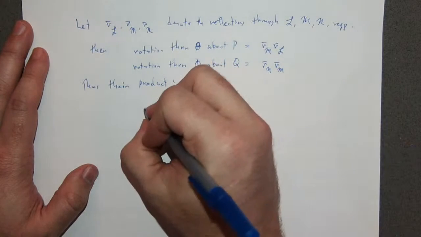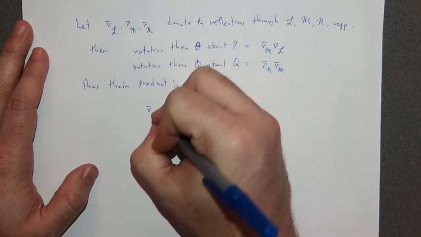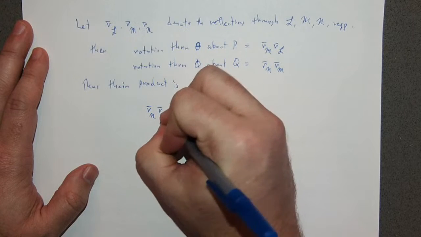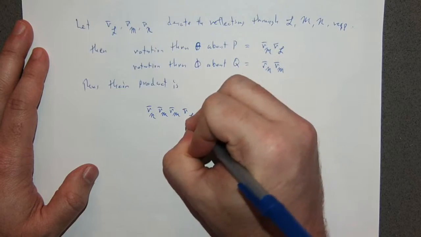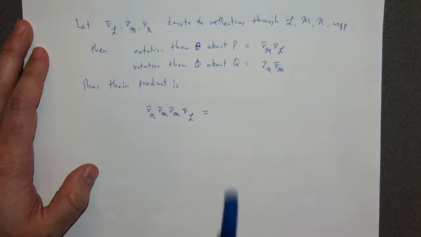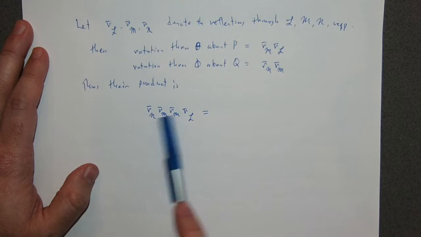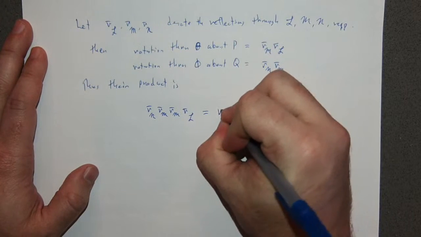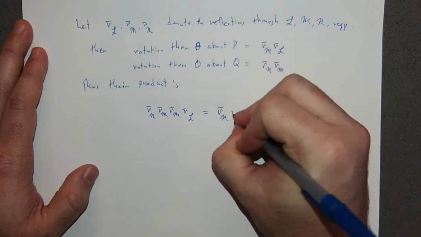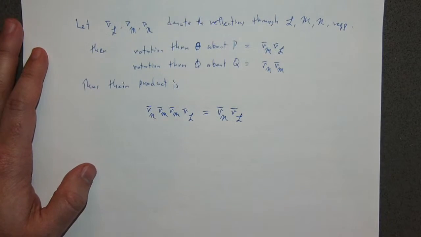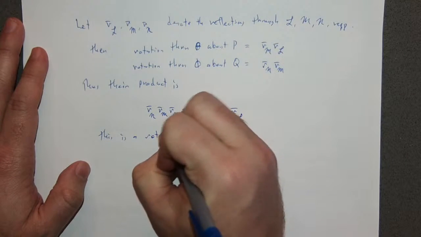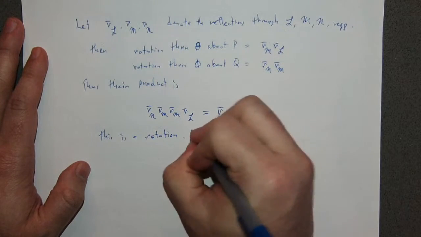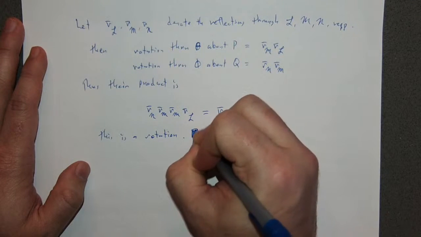So written left to right, this is R bar N, R bar M, R bar M, R bar L. But reflecting through M twice in a row, that's just the identity. And so this is actually R bar N, R bar L. Right. So this is a rotation. And so we've shown that the product of any two rotations is a rotation.